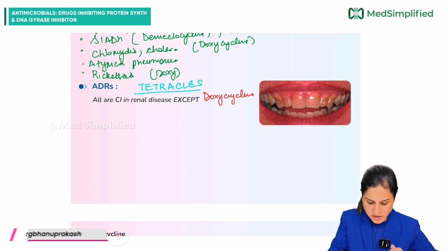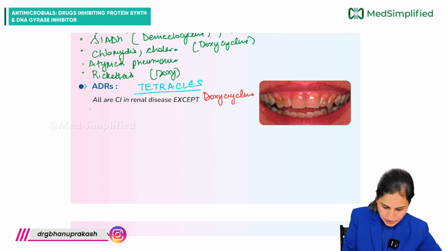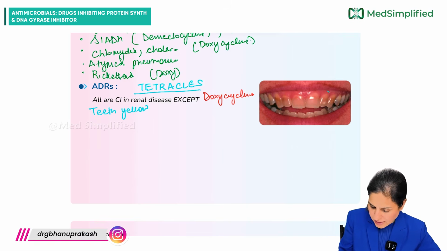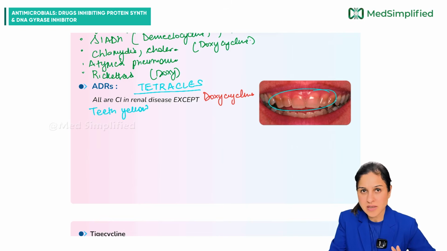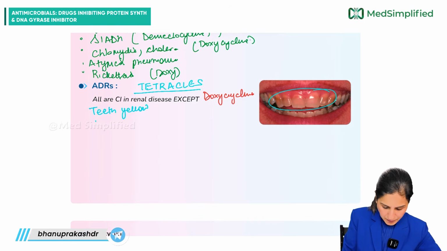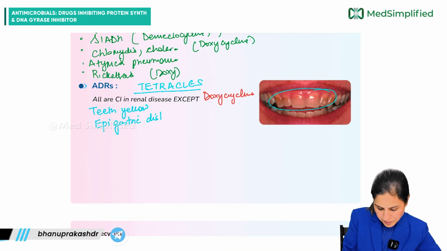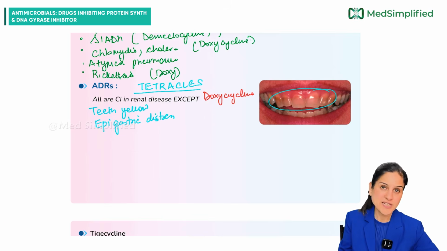Tetracycline. Now, T stands for teeth turn yellow. So you see here, there is yellowish discoloration of the teeth, ill-formed and discolored. E stands for, can cause epigastric distress.